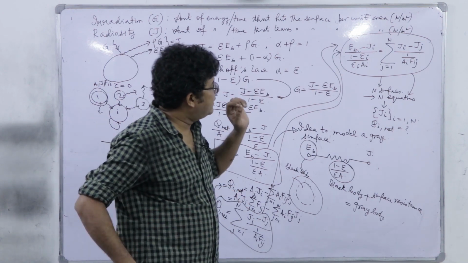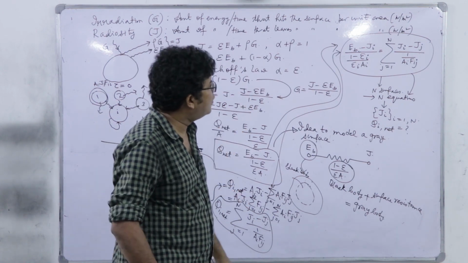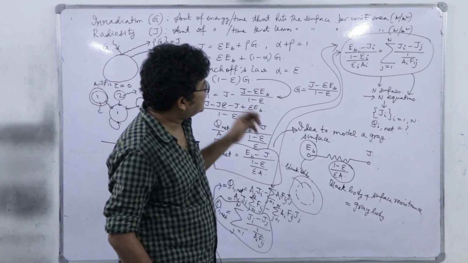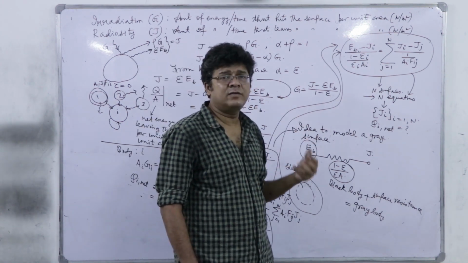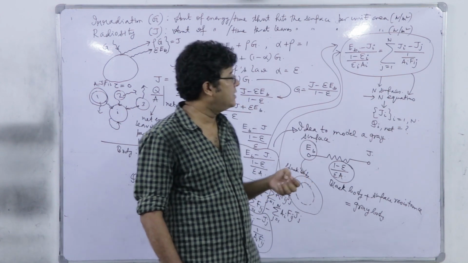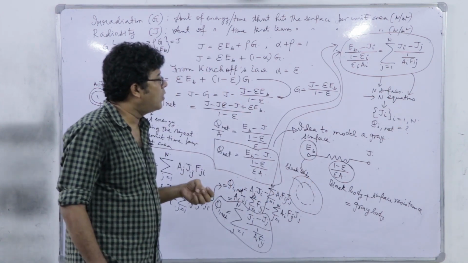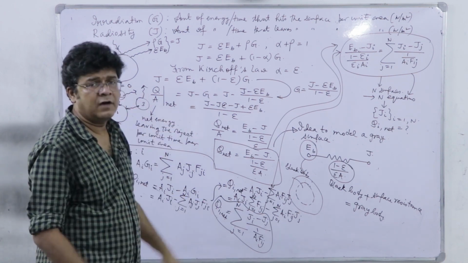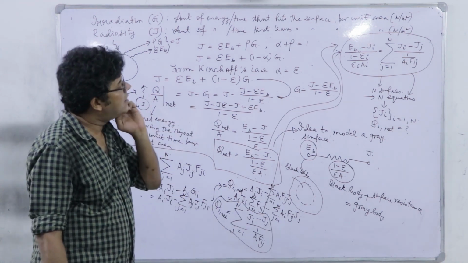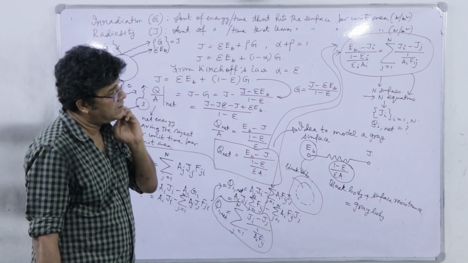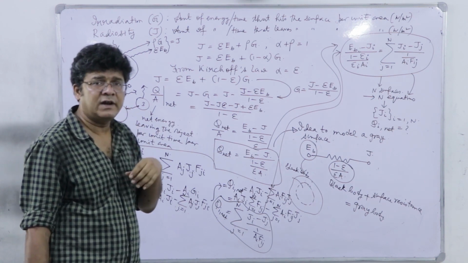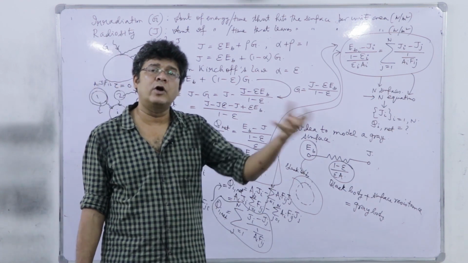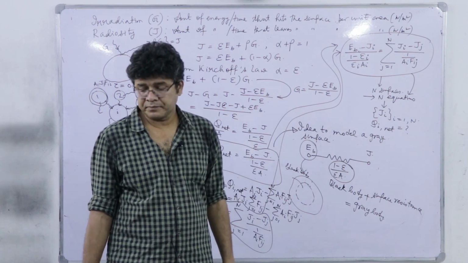But the point is, we go further for simplification, because our objective is not actually to solve for capital J, but rather we want to know the radiative exchange in a combination of n surfaces. We may be interested in the net radiation exchange between body 2 and body 3, maybe, right.